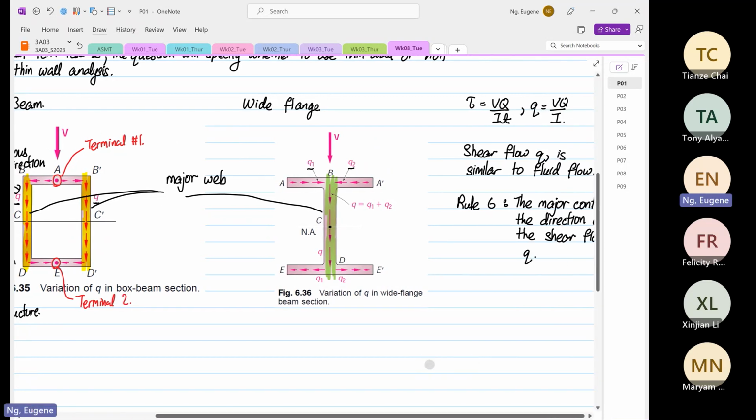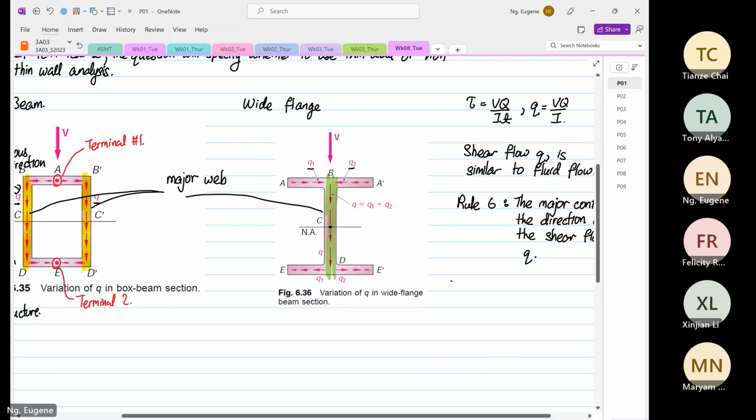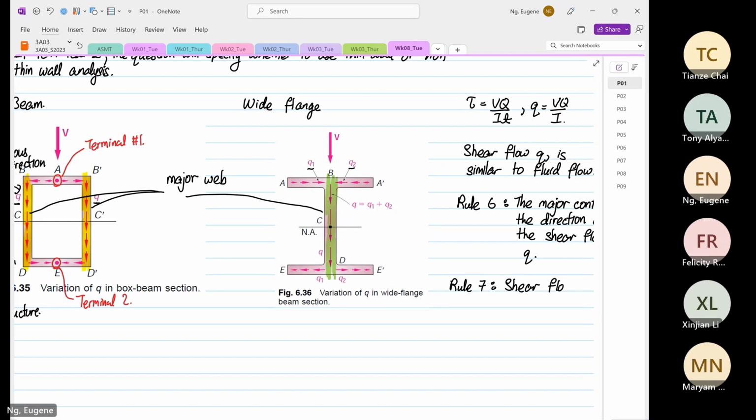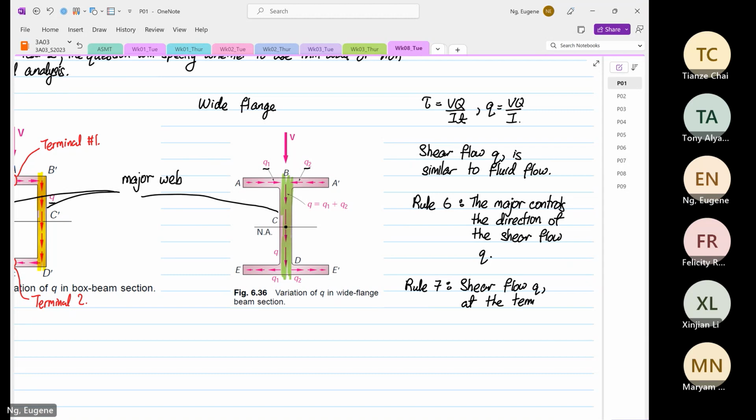And I'm going to write rule number 7: the shear flow q at the terminus is equal to 0.